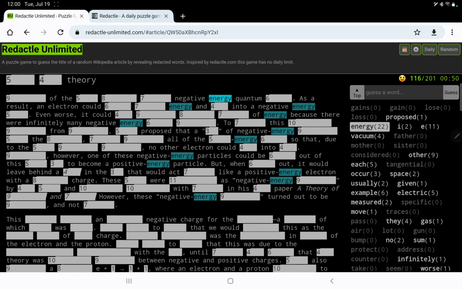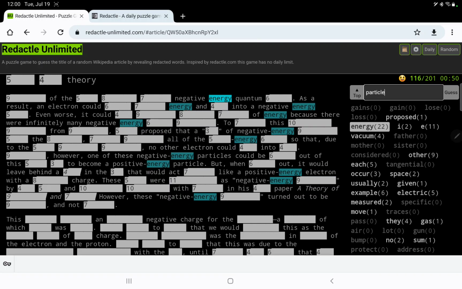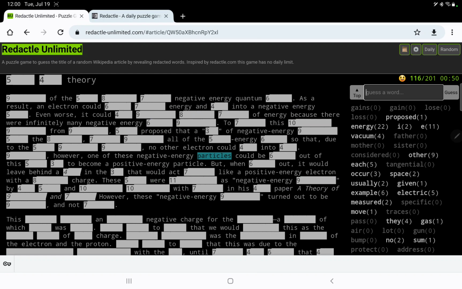Pi 4, 5, and 10, 10 with 7. I did particles, which would seem to fit. Yeah, but what is this negative energy 9?